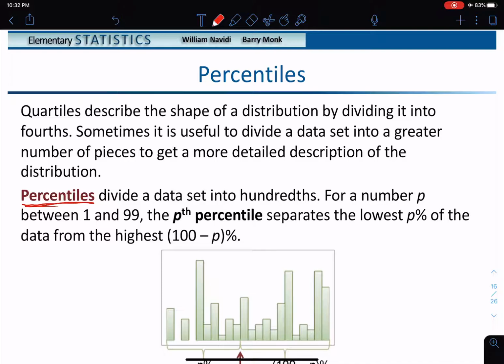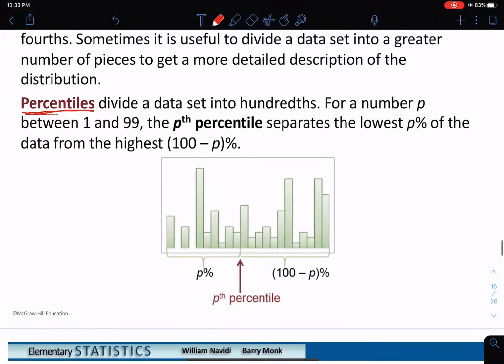Percent means per century or per 100, right? Cent or century is 100. Percentile is per 100. So instead of chopping your data into quartiles, 4 pieces, we can be much more precise and chop it into hundredths. We can pick any hundredth that we want. Like we can say, I want to see what's happening at maybe the 89th percentile.